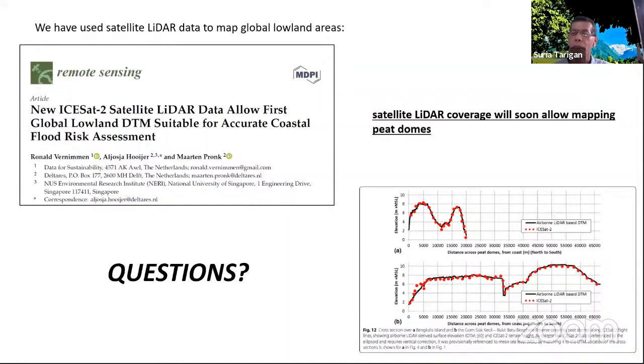Pak Ronald, Pak Bismarck is asking if we can also use the LIDAR product to map smaller landscapes. We call it sub KHG. I think you are also familiar with the sub KHG terminology, isn't it?